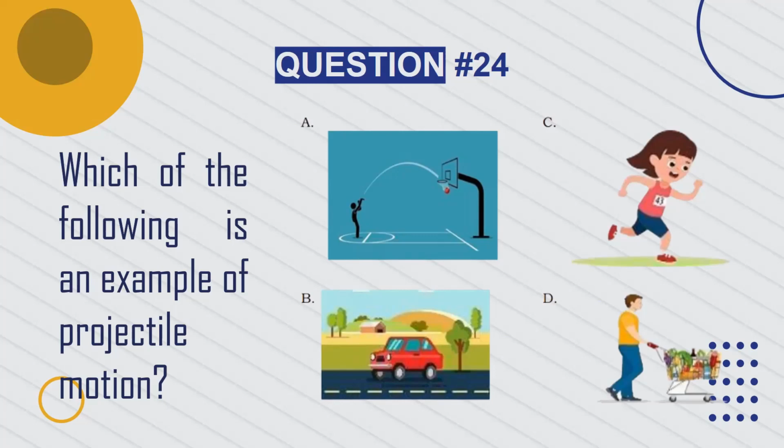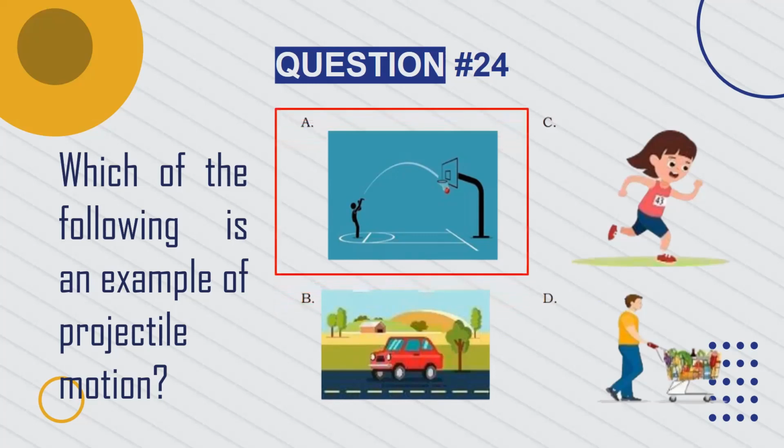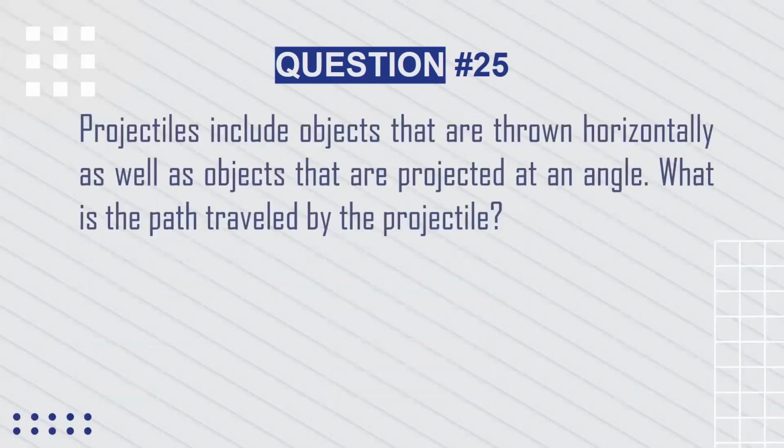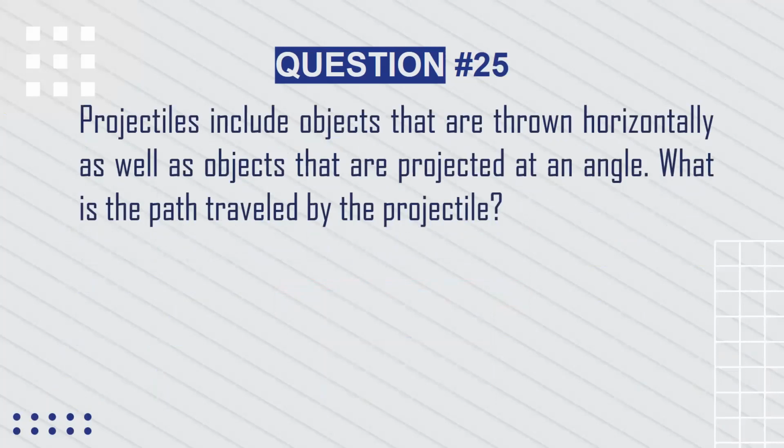The correct answer is, of course, letter A. Projectiles include objects that are thrown horizontally as well as objects that are projected at an angle.